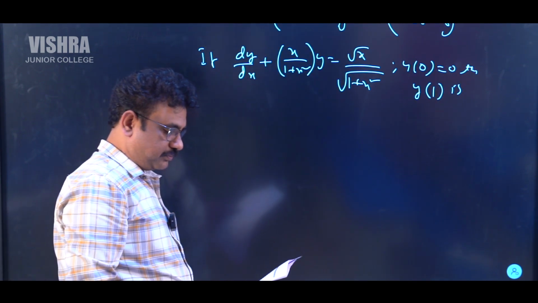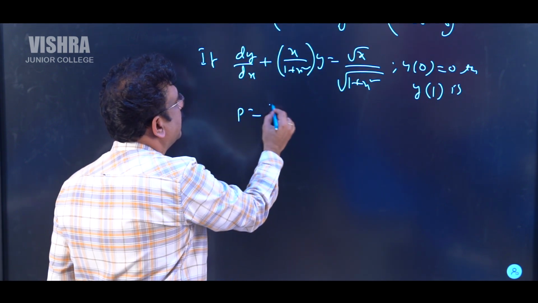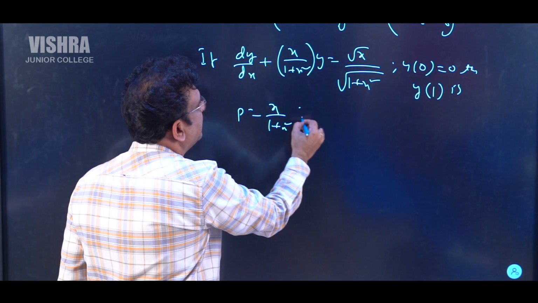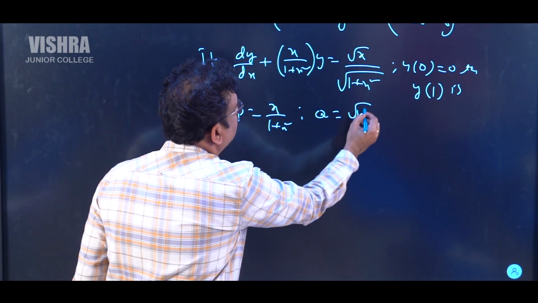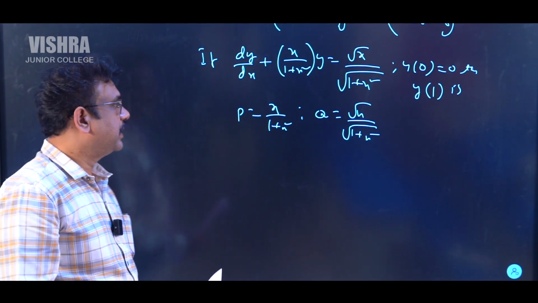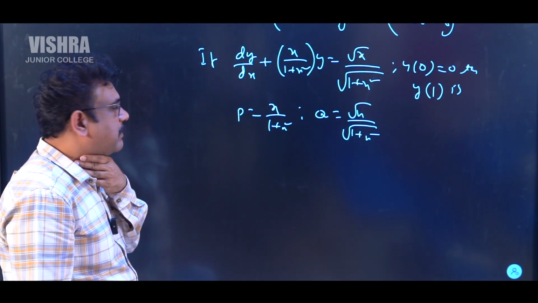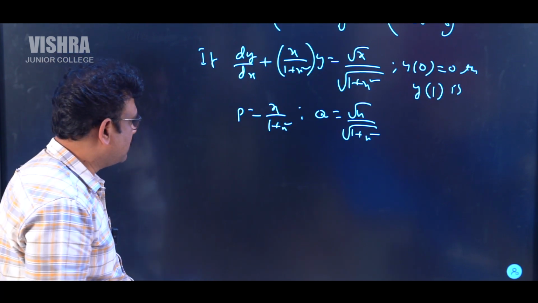So here p is equal to x by 1 plus x square, q is equal to root x by root of 1 plus x square.